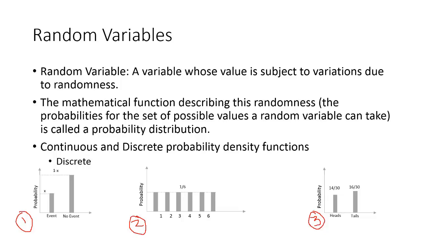And one thing that you might have noticed by now is if you take all the possible values and you take each probability and you add them all up, you always get 1, right? So in the case of 1, we saw that if the probability of it raining was, let's say, 30%, and the probability it does not rain therefore becomes 70%, you add those two up, you get 100%, or you get 1. Similarly, you have 6 possible outcomes when you roll a dice, and there's a 1/6 chance of each of them happening, and 6 times 1/6 is 1.